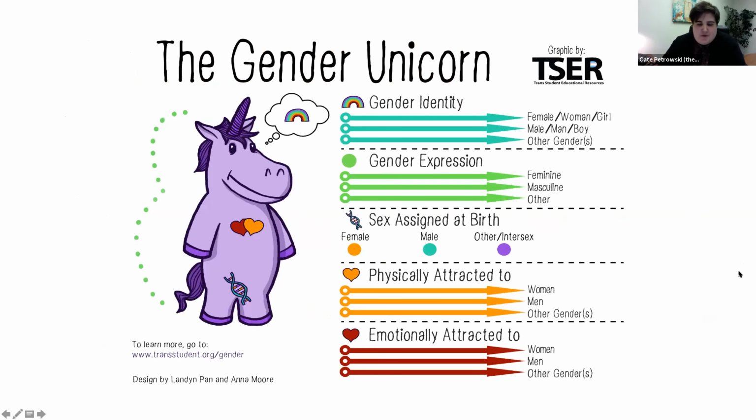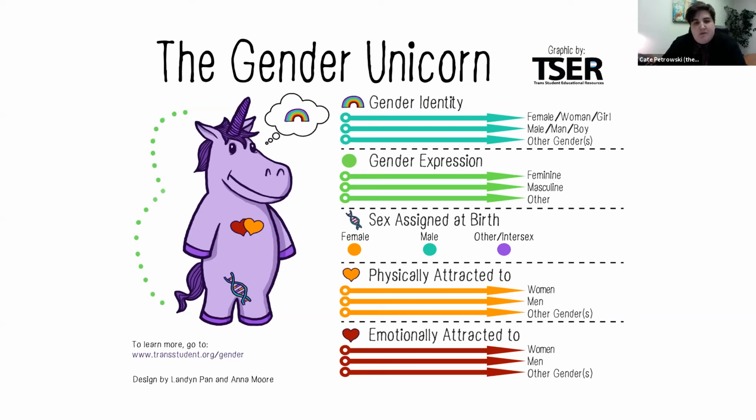This is a tool that was developed by some folks to help people think about their gender and who they're attracted to. You could fill it out for yourself, or if you work with clients and have a client who is exploring their identity, you could work on it with them, or with anybody in your life who is exploring their identity or working to better understand themselves.